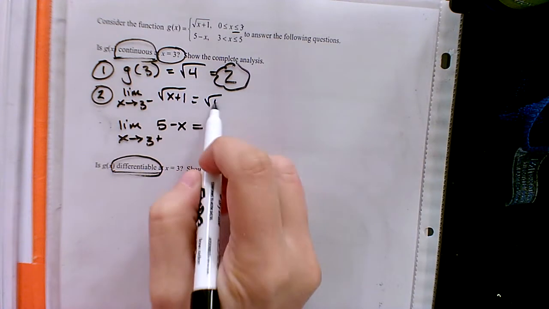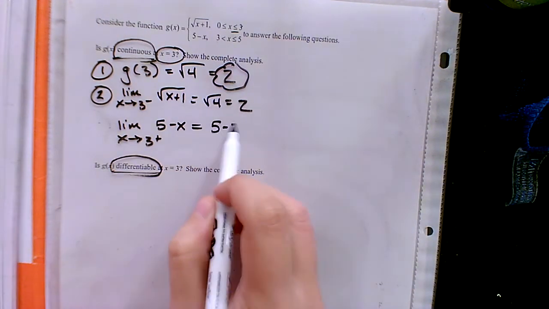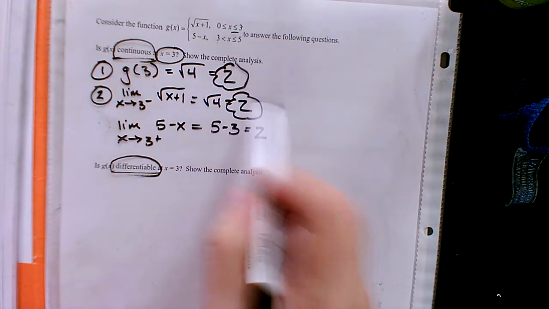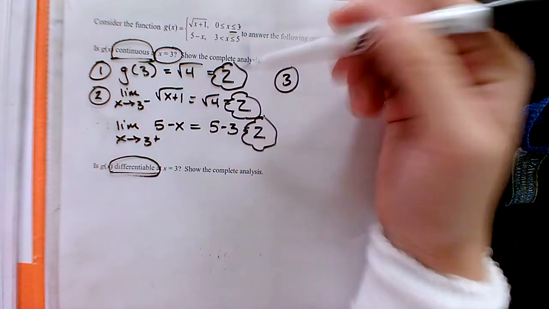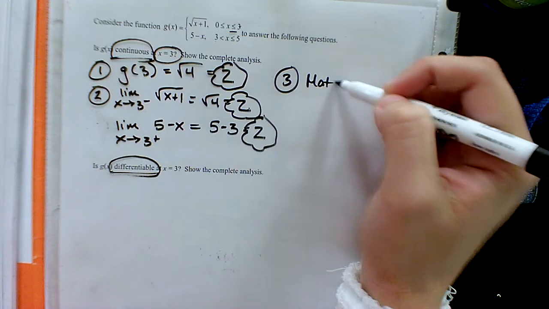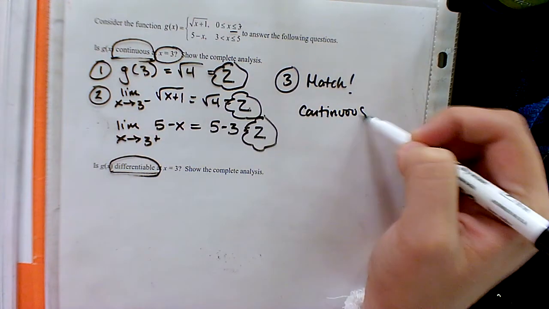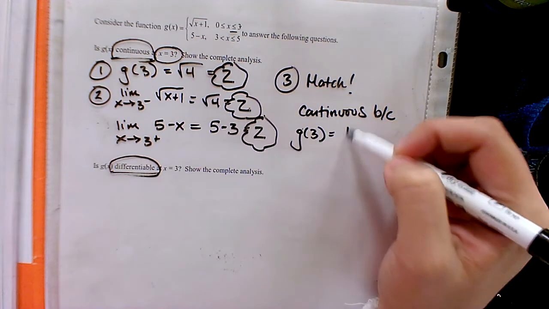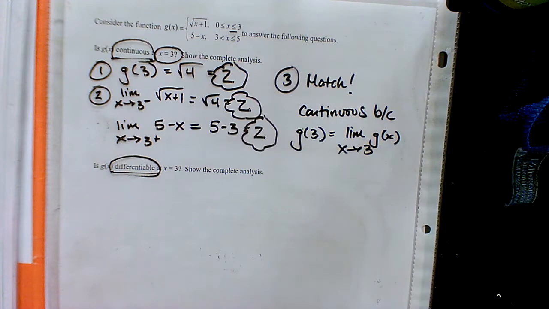So square root of 4 equals 2. 5 minus 3 equals 2. Are we continuous? Yes. Notice how the point matches the overall limit. So for 3, they match. We'll say continuous because g of 3, the point, equaled the limit as we approach 3.